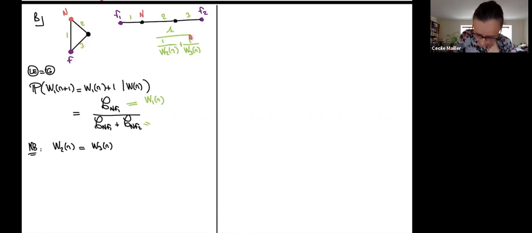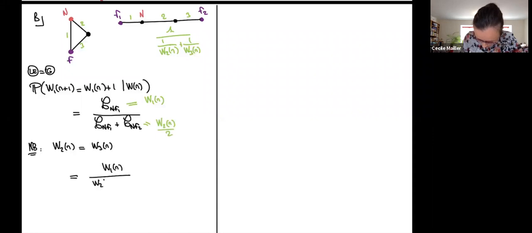So I just apply this formula, but I plug in W3 of n equals W2 of n, and what I get is W2 of n divided by 2. So what I get in total is W1 of n divided by W2 of n over 2 plus W1 of n.